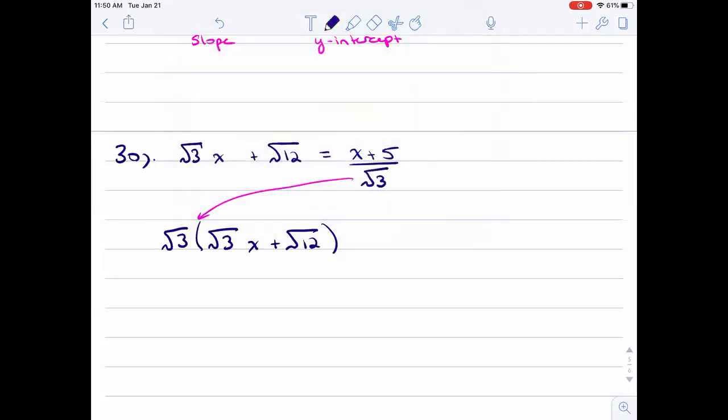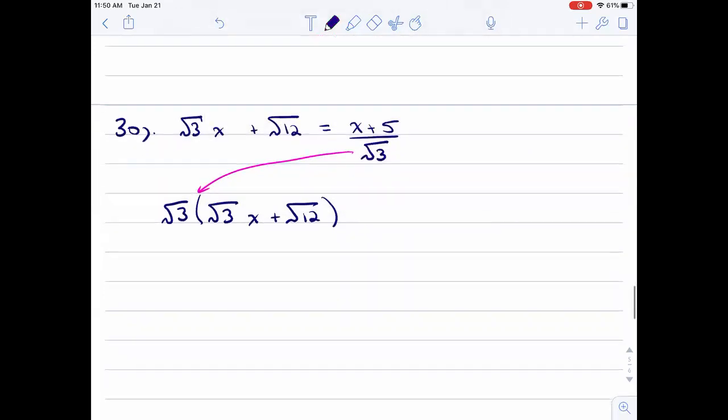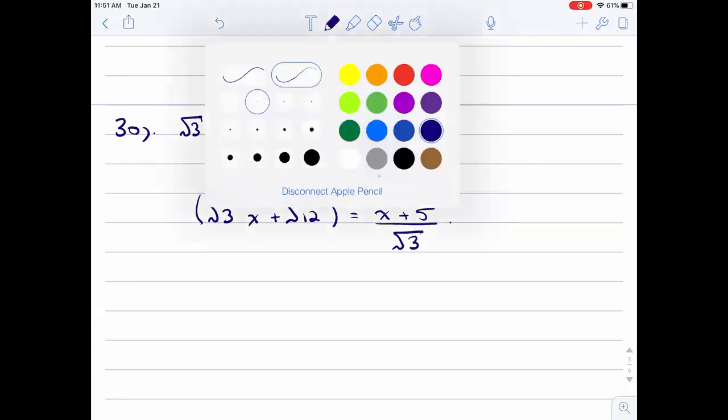For multiplying both sides by the square root of 3, just to show what we're doing here until we get a handle on it, x plus 5 over the root of 3 times the root of 3. You know what? I'm going to do this root of 3 in a different color just to emphasize, and then we don't need this confusing arrow.